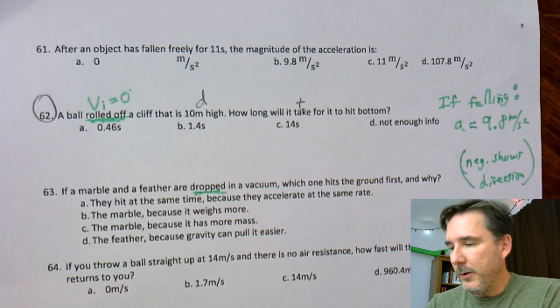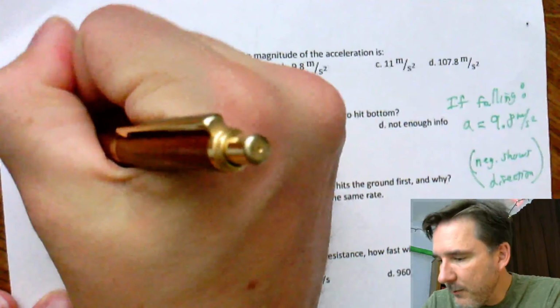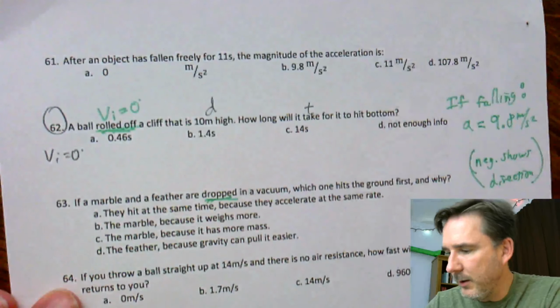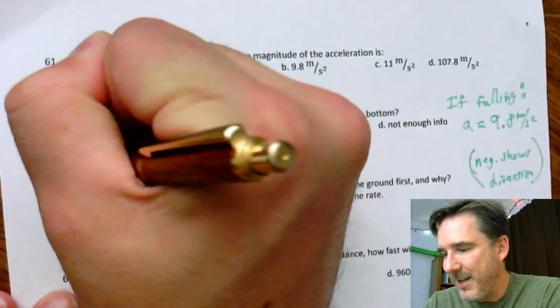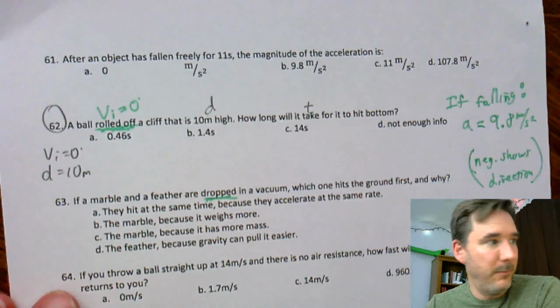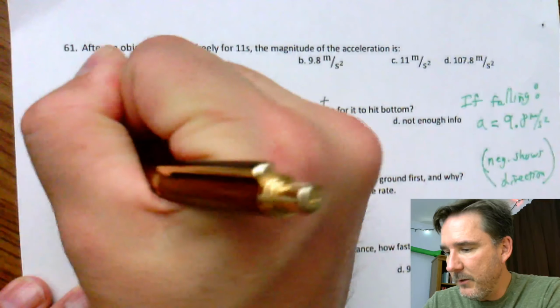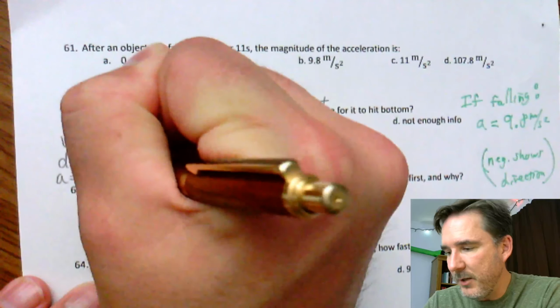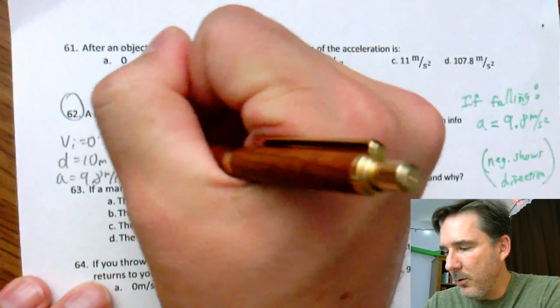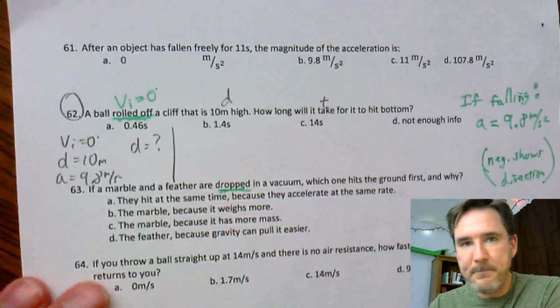So how do we do it? Well, VI is equal to 0. The distance is 10, and a big part of me wants to write negative 10, but I'm just going to leave it at 10. We know acceleration is 9.8 meters per second squared, and we want to know the distance, right?